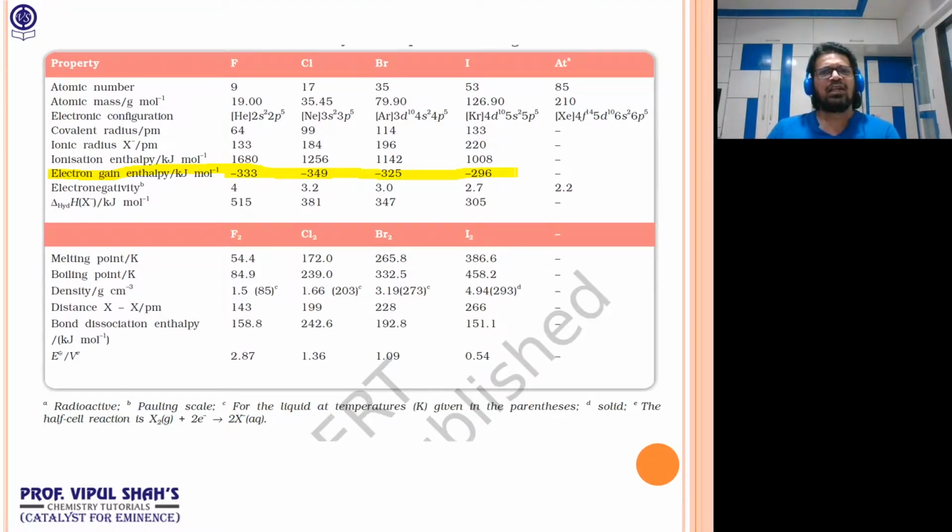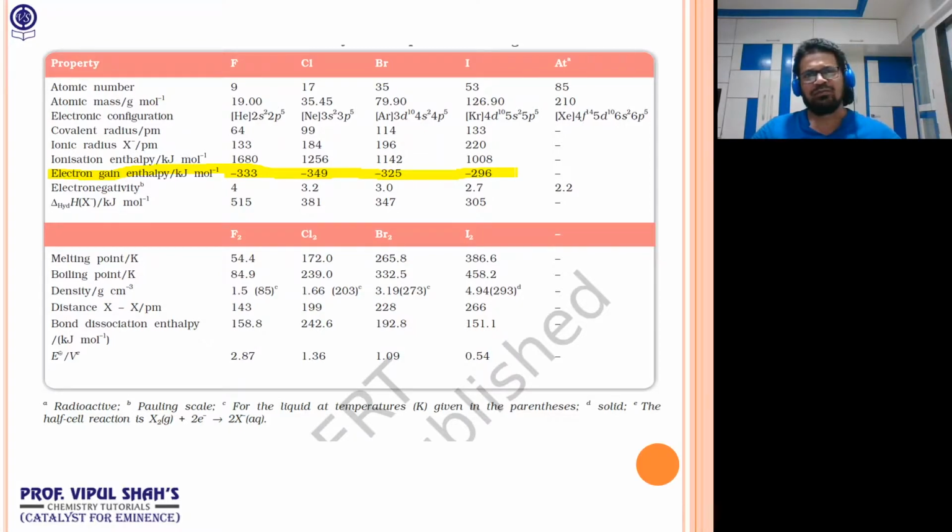Cl also has 7 electrons, 3s2, 3p5, but it is the third shell, not the second shell, as for F. It has no vacant d orbital, but Cl has vacant d orbitals. That's why Cl will have more tendency to gain an electron as compared to F. So the energy released is more. So remember the order. Please write it down. Electron gain enthalpy order: Cl greater than F, greater than Br, greater than I.